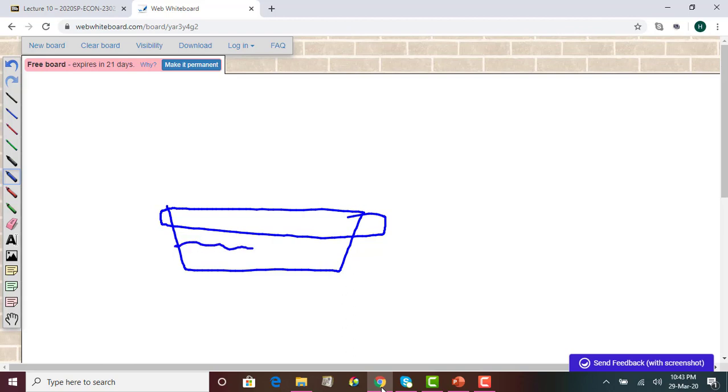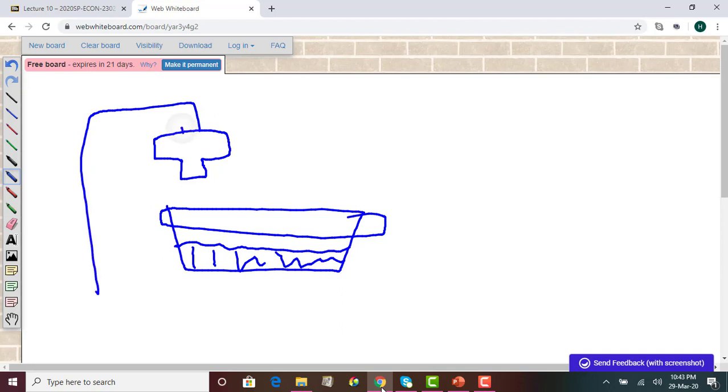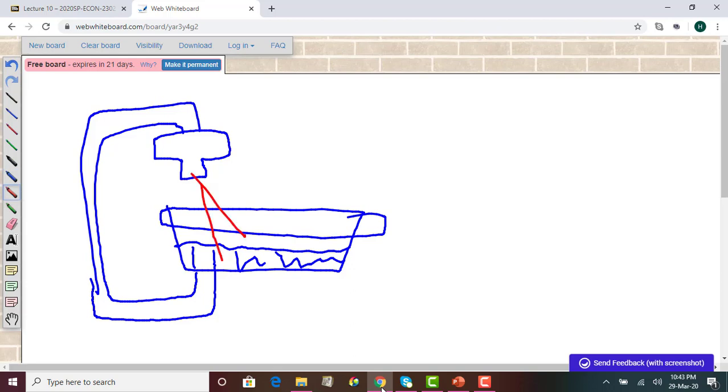This is your bathtub model, this is your level of water. Okay, then we have a faucet here. And again, excuse my drawing because I'm not very good at drawing. And this is where we have water coming out from here, if you remember.